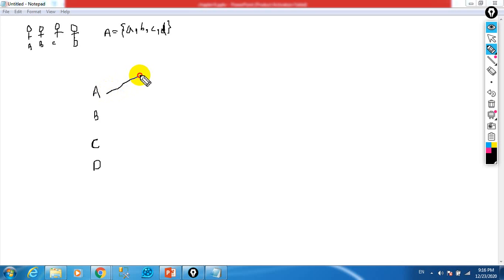So with the combination of A, it may be with B, or with B and C, and D. Here A and B have come, what is left? C and D are left.